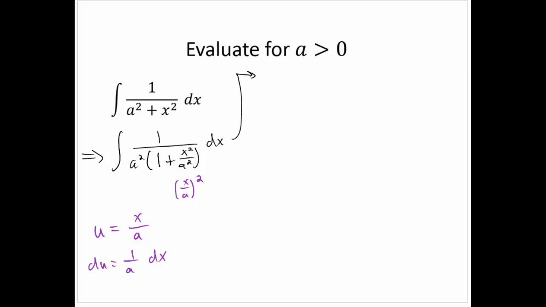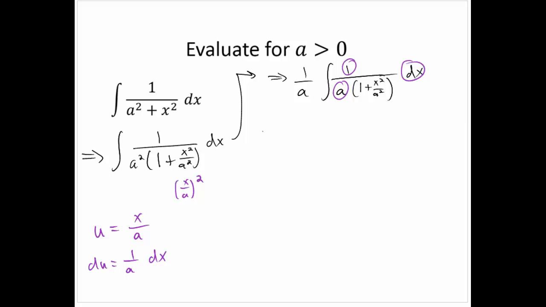Remember that 1 over a squared, I can rewrite as 1 over a times 1 over a, so I have 1 over a integral 1 over 1 plus x squared over a squared dx. And so now look and see that I have the 1 over a dx, which is the du.